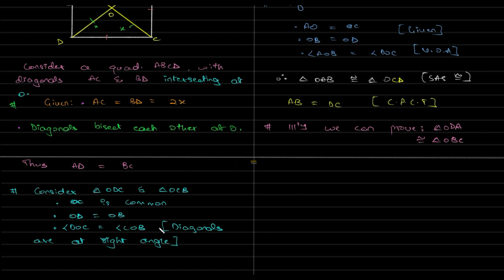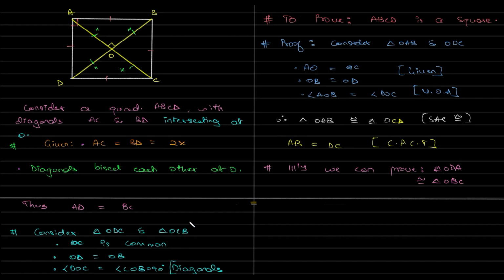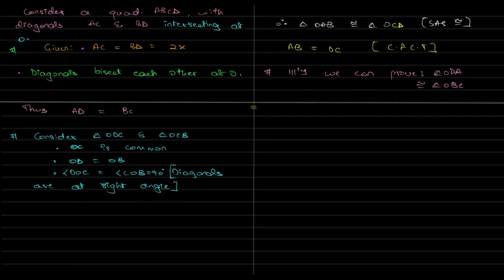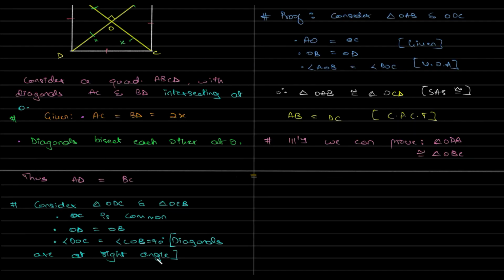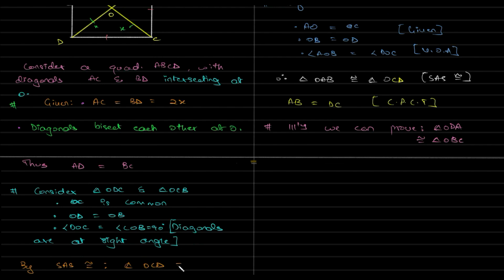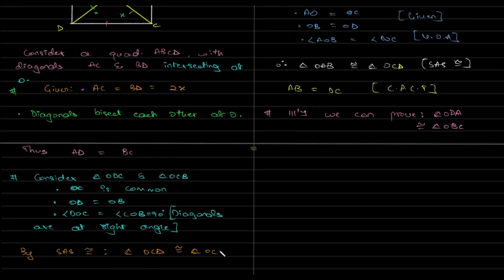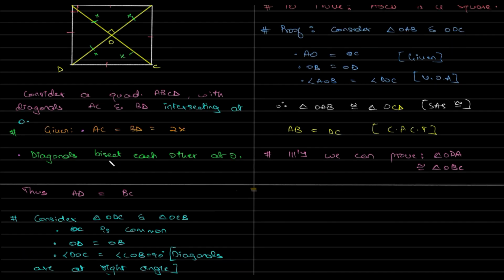So all these are equal to 90 degree. So by SAS congruency, triangle OCD is congruent to triangle OCB. So these two triangles are congruent.